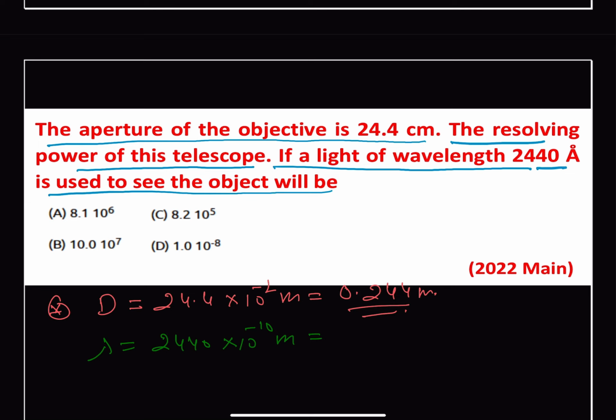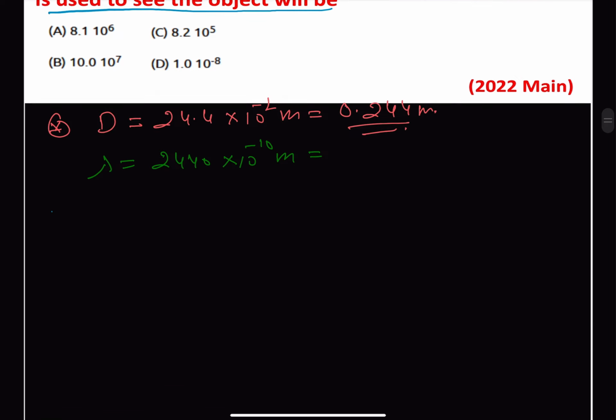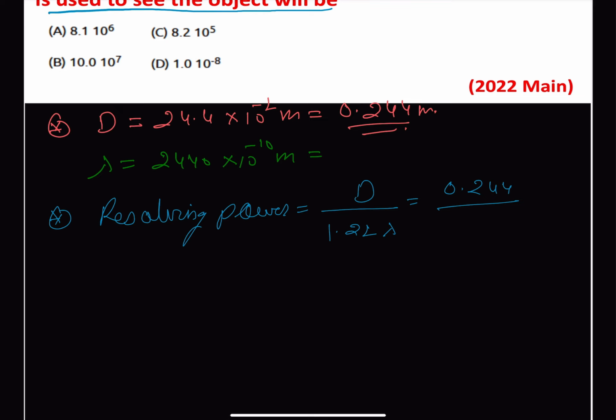And so our resolving power, we already know the formula, so we can say that resolving power is given as capital D divided by 1.22 times lambda. So we simply substitute the values. We have 0.244 divided by 1.22 multiplied by lambda, that is 4400 times 10 raised to power minus 10.